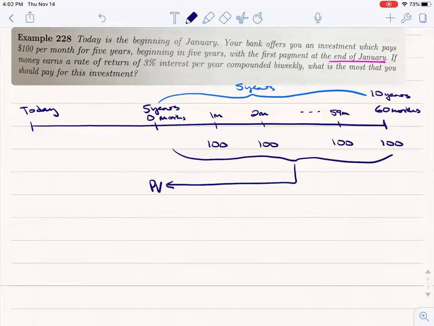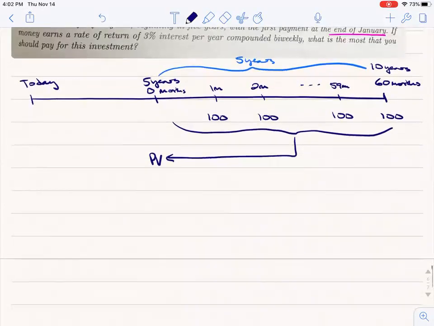Thinking about how much this is all worth today: that present value is the future value of the value today. So we've got this link here. We've got our present value 1. That's the first thing that I'm going to calculate.